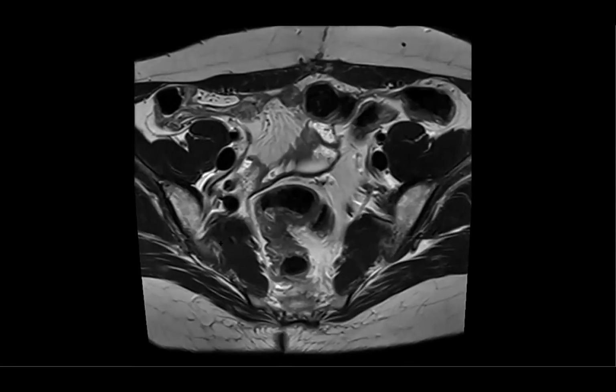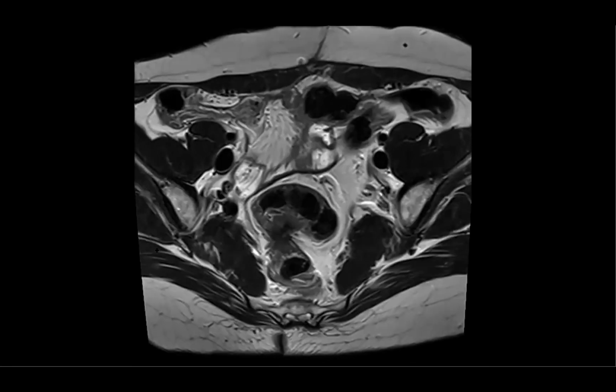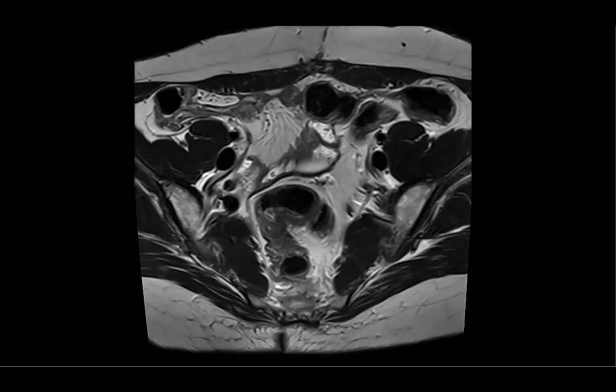I think there is a measurement for how deep it is, but if it's less than 50%, they don't have to call colorectal surgery in, and they can still take it out without doing a bowel resection.